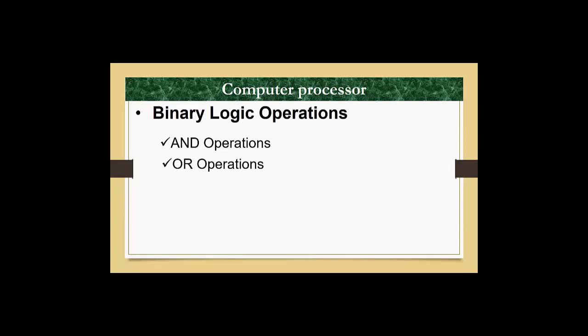The next one, students, is the exclusive OR operation. An exclusive OR, sometimes called XOR, requires one and only one of the two bit operands to be true, exclusive of the other bit's value.